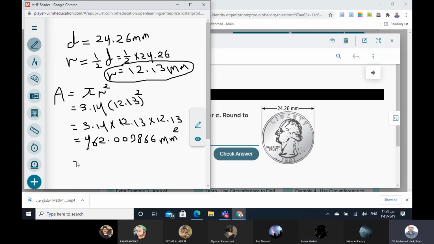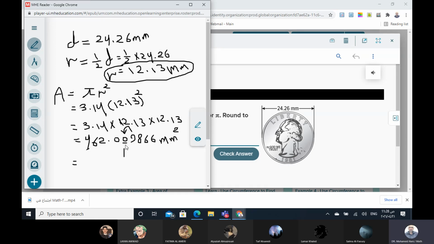If you want to round to the nearest hundredths, this is the hundredths. Look to the right number, 9. If the right number is 5 and up, add 1 to this digit. So this digit will be 1, and change all the numbers here to zeros.